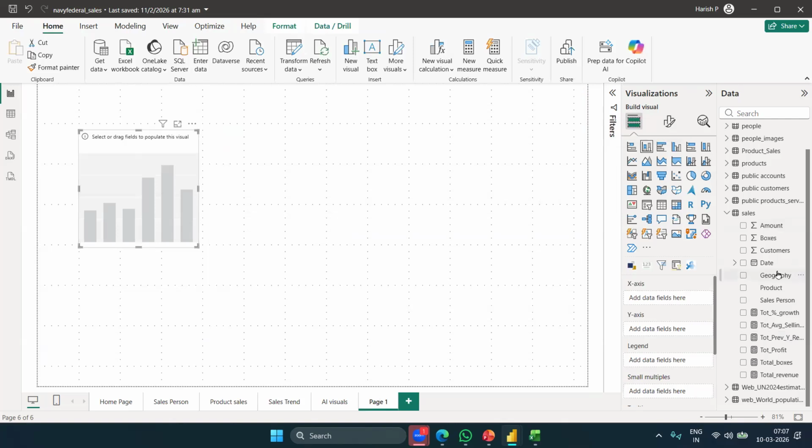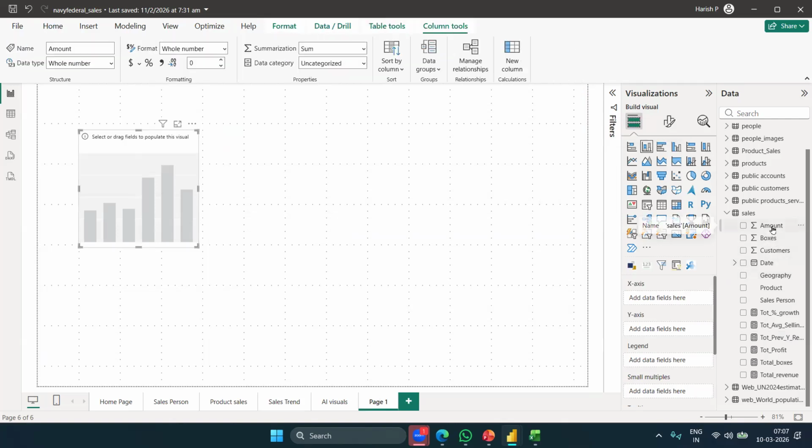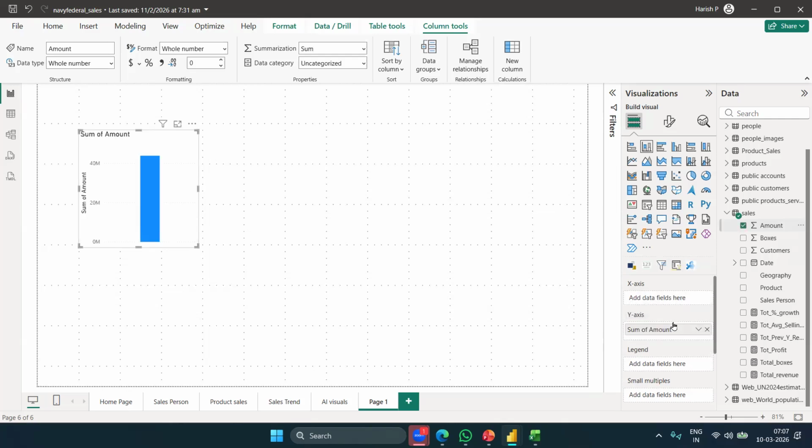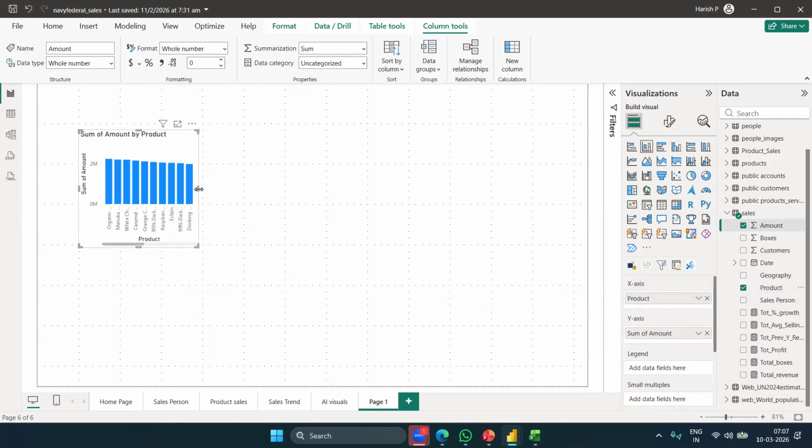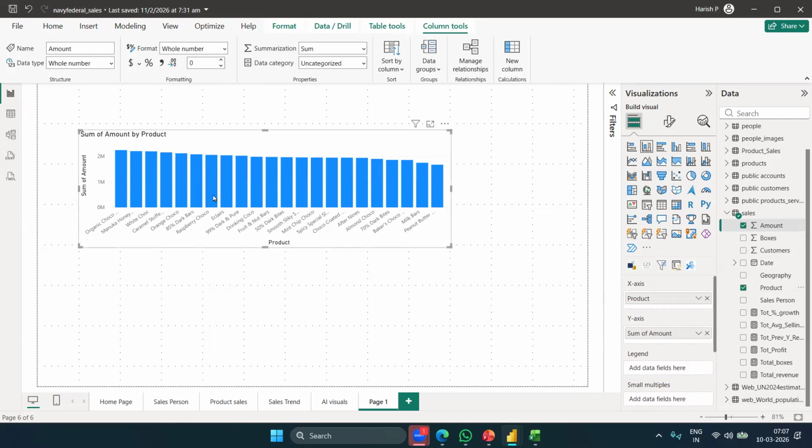Let me put it like this: amount on the y-axis and products on the x-axis, right? I have dragged and dropped and I can see all the things, and again I do the formatting, right?